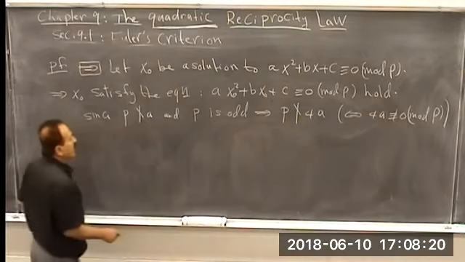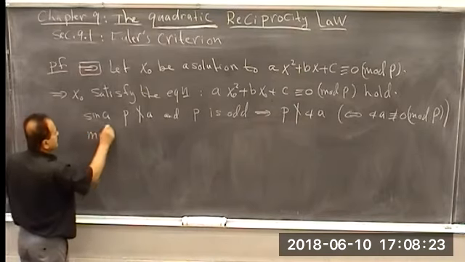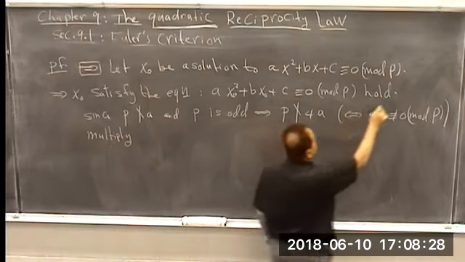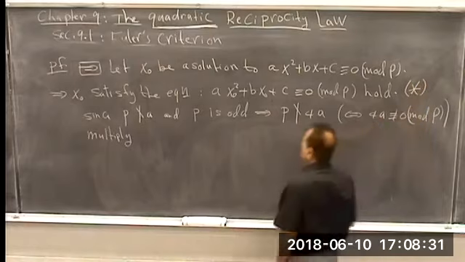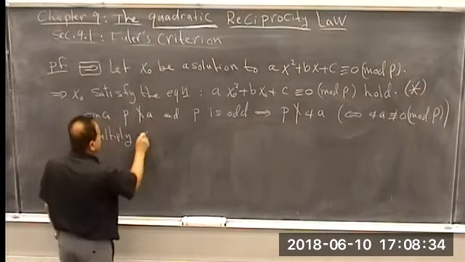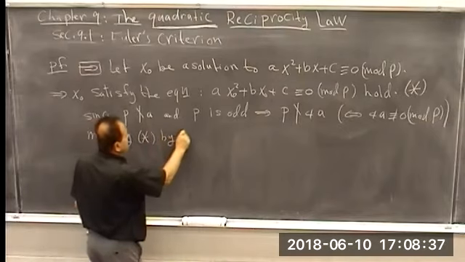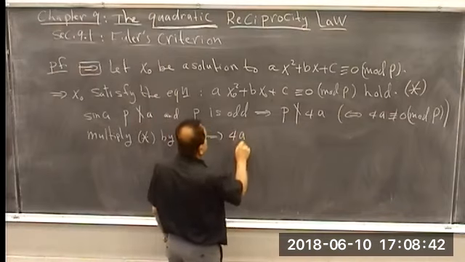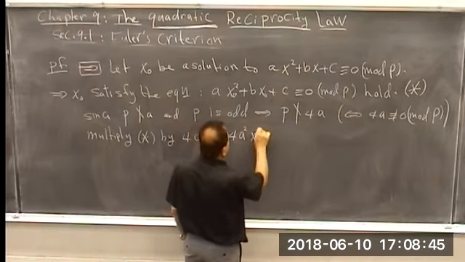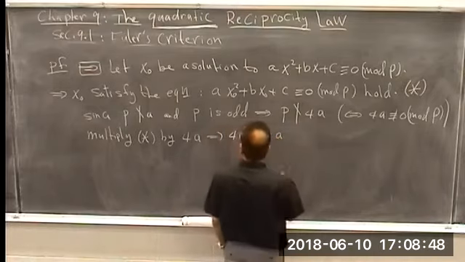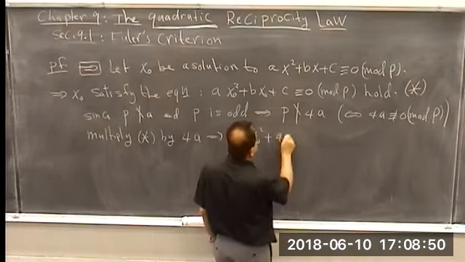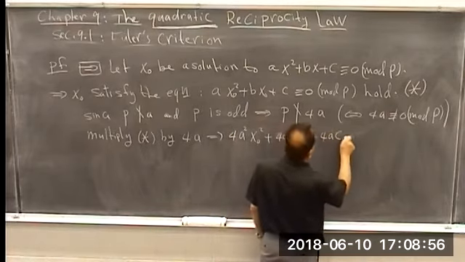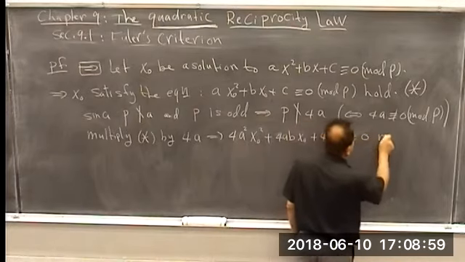So we're going to multiply, we call this one in here a star, both sides of the star by 4a, and this gives us 4a squared x sub 0 squared plus 4ab x sub 0 plus 4ac, and this is congruent to 0 mod b.